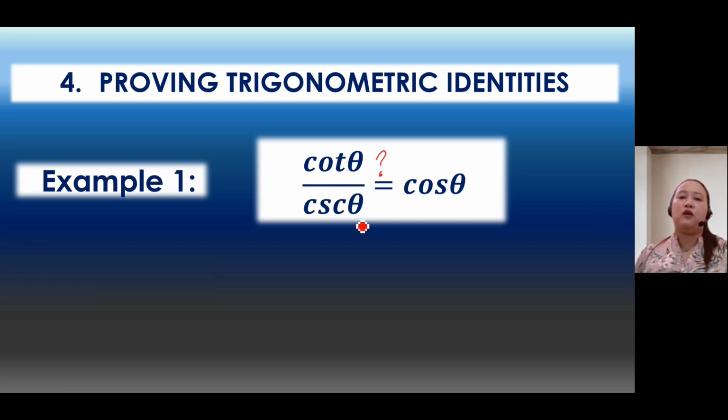So in the handout, we also have the solution for this. It is actually step by step. In proving, you can do the left hand or the right hand.